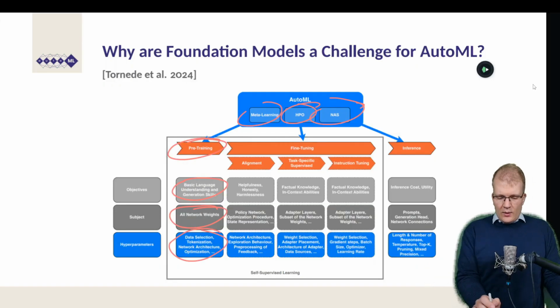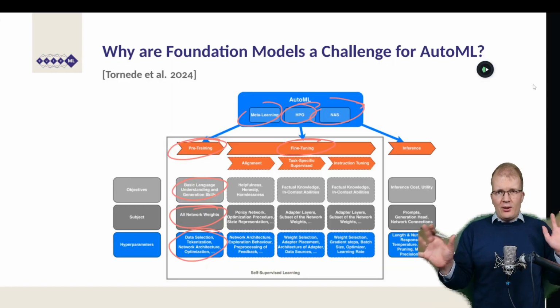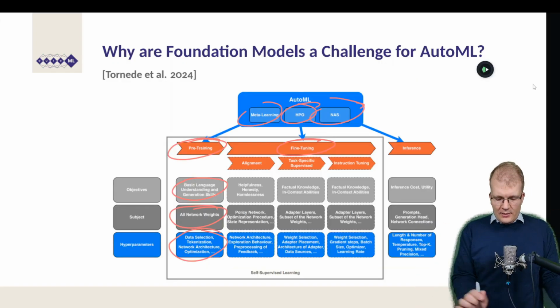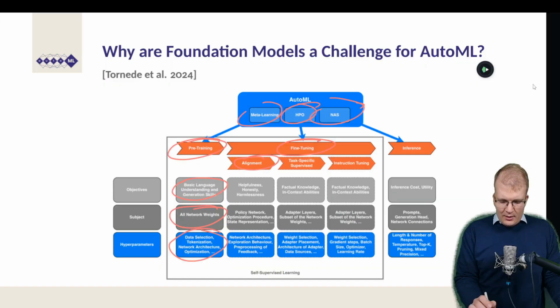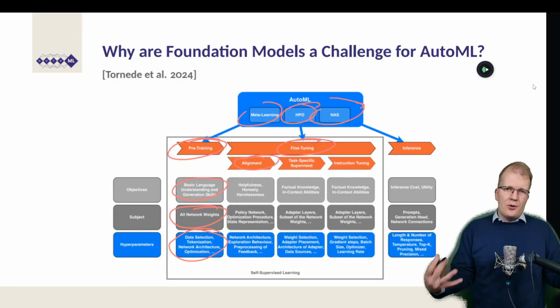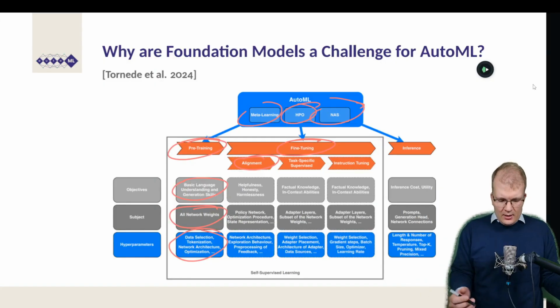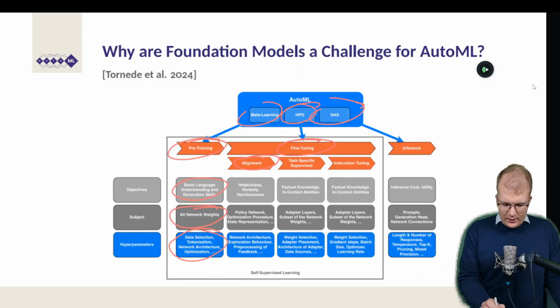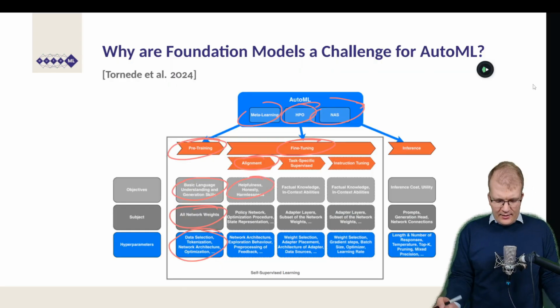Then there's the fine-tuning phase, and fine-tuning comes then also with different specific parts. For example, the alignment. So we now try to train or fine-tune our model in a way that it's helpful, that it's honest, it's harmless.